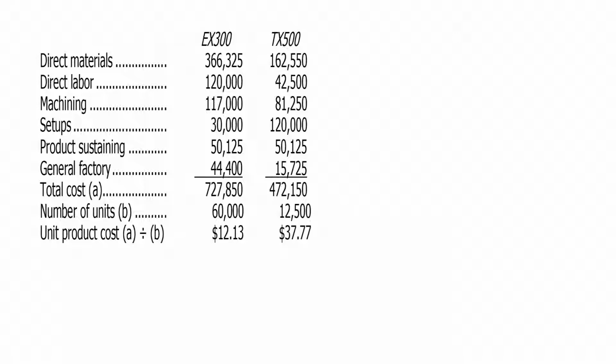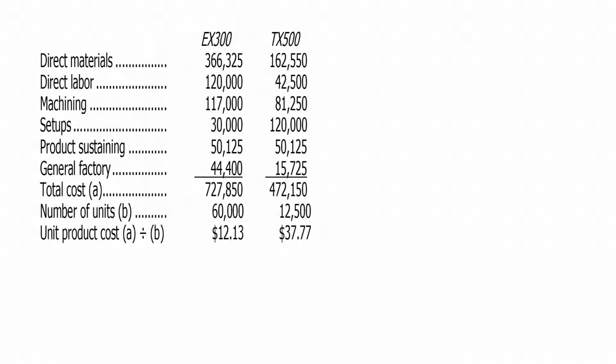And then the general factory overhead we determined to be 37 cents per direct labor dollar. There's $120,000 of direct labor dollars in the EX300. 44,400 is the amount of manufacturing overhead related to that activity.